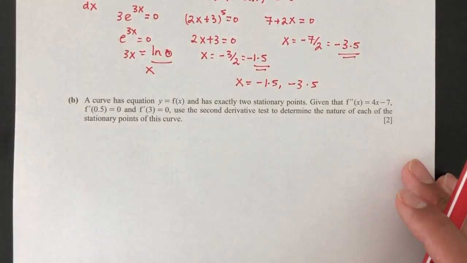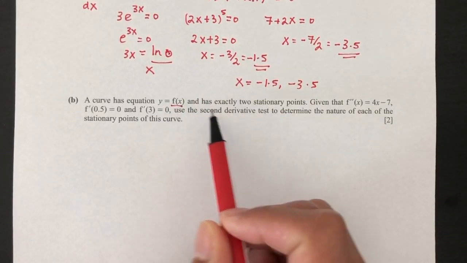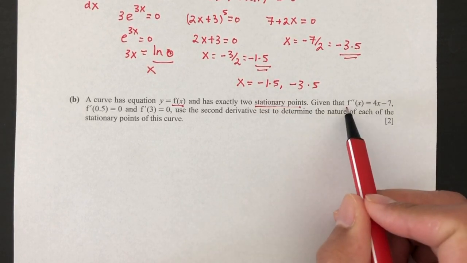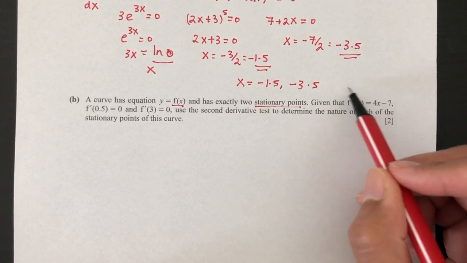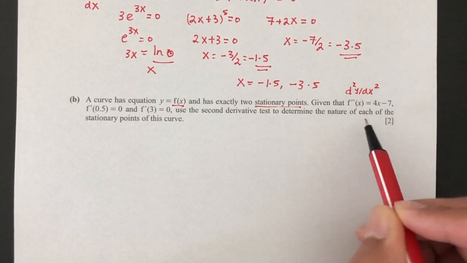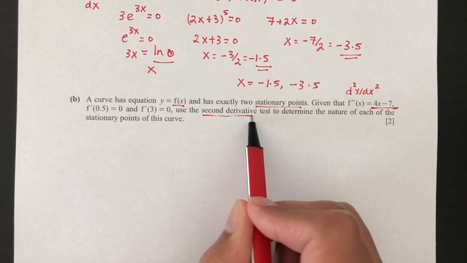Now let's move on to part B. It says a curve has equation y equal to f of x and has exactly two stationary points. Given that f double prime is just d2y by dx2 equal to this, which is the second derivative, right?